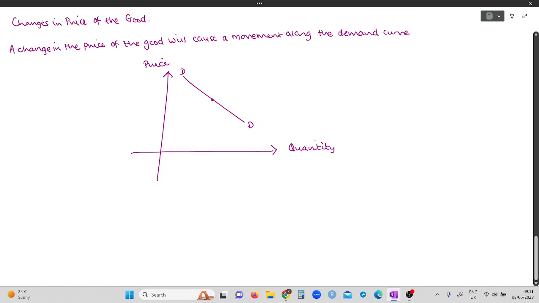For example, we are at point A. As a consumer, we are demanding Q of the goods and the price is P. Now, the price increases from P to P1. Then it will become here.